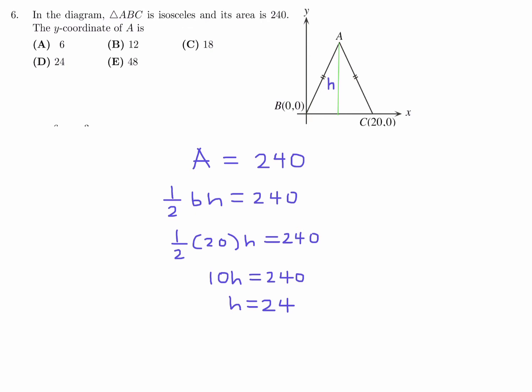So that basically means that this point, the y-coordinate is 24. And just in case you're wondering, the x-coordinate is 10. How do I know that? Because this green line cuts the base into 2 equal parts, and the whole part was 20, so half of it is 10. So y-coordinate of A is 24, and therefore number 6, the answer is D.